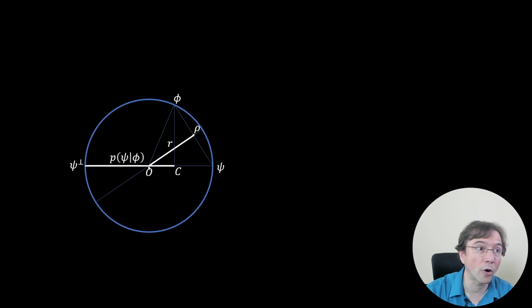Now to get to the Born rule, we have to connect psi with psi perp, project phi onto that line, and then this distance over 2 is going to be the Born rule. The Born rule is this distance between psi perp and the projection of phi. Okay, so we have to understand the relationship between this segment and this segment divided by 2.